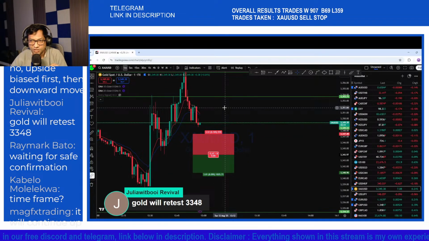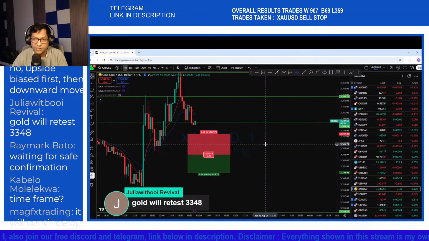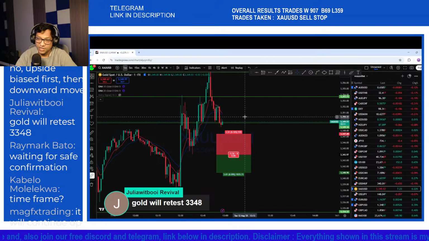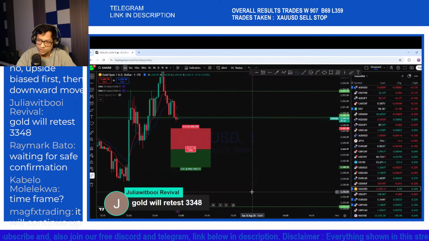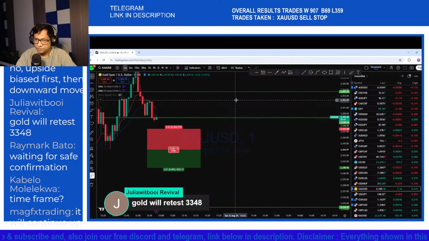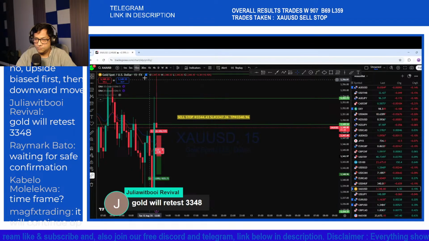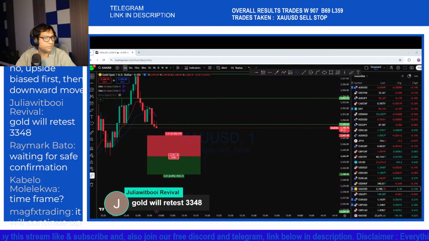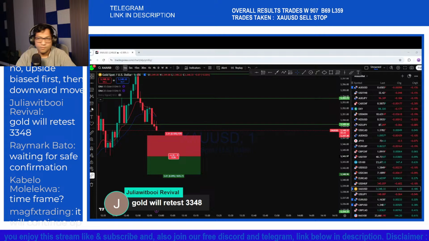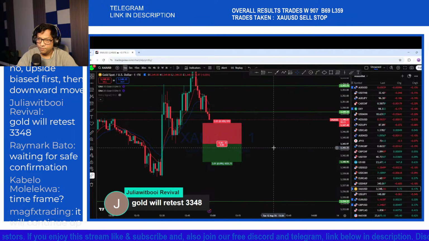And the entry here is well below because you want to see that the market has again rejected completely from the structure it has made back to the upside and coming to the direction of the major trend. Okay, so here the market is slowly building that pressure back below.